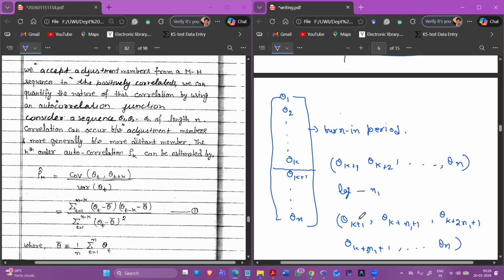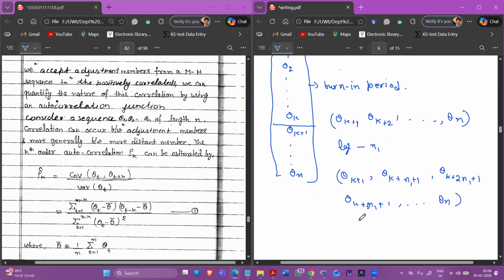All right. So now what I need to do, I need to find out the autocorrelation between these observations. I need to find out the autocorrelation between theta k plus 1 and theta k plus n1 plus 1. That is my first autocorrelation.